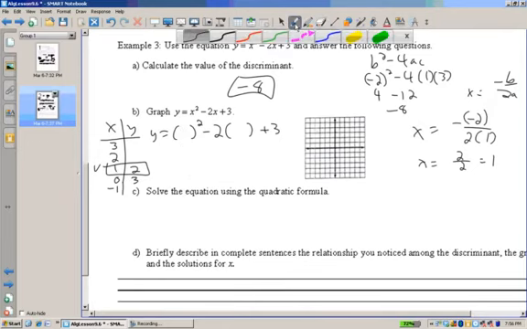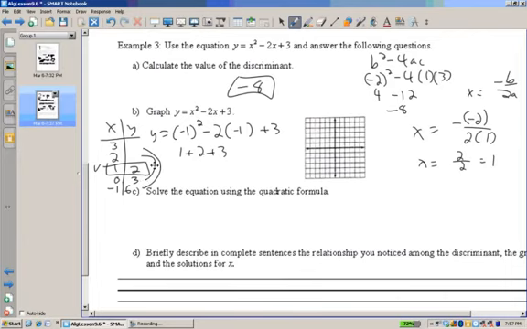And let's plug in negative 1. Be careful with this. Make sure that that negative 1 is in parentheses. It will matter. Negative 1 times negative 1 is positive 1. Negative 2 times negative 1, positive 2. And so 1 plus 2, 3 plus 3 is 6. Now all we need to check is that the symmetry holds. So if this is 3, then we know that this will be 6.